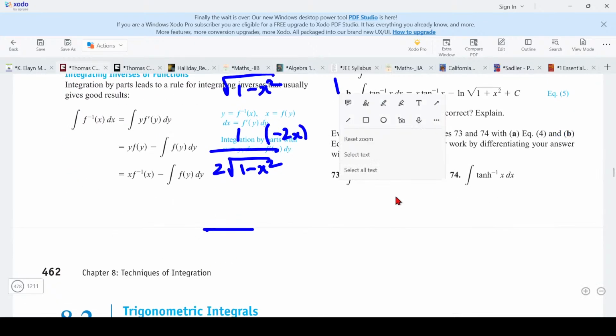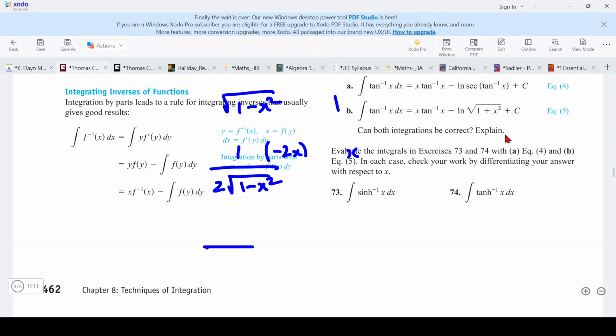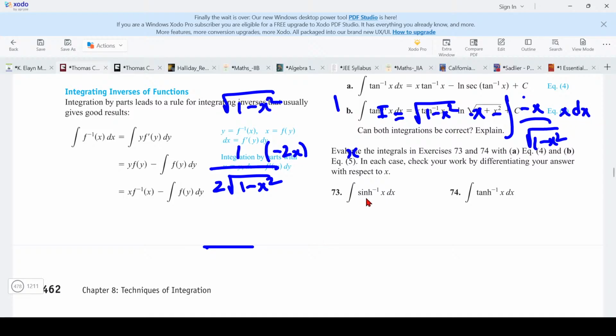So what is our integral now? Our I equals root of 1 minus x square times x, minus the integral of, it's actually plus, right? Minus the integral of minus 2x by 2x, which is like minus x by under root 1 minus x square into x dx.